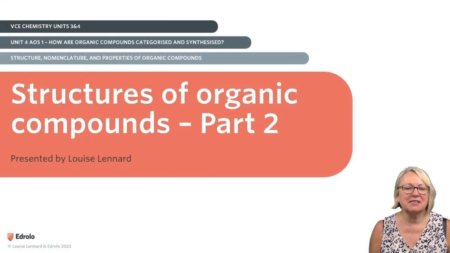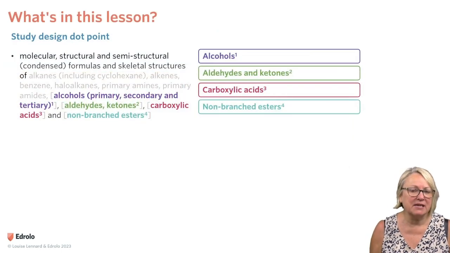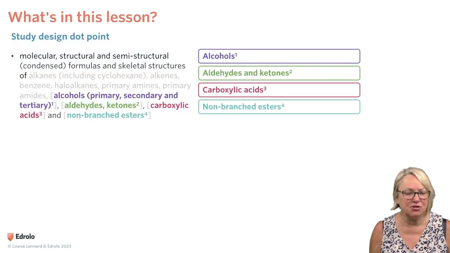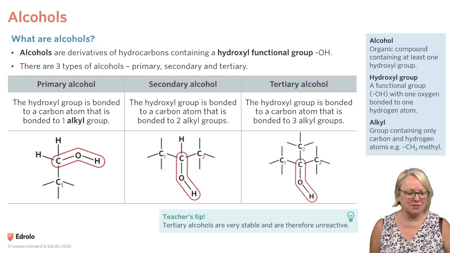So in this lesson, we're going to look at part 2 of the structure of organic compounds. We're going to look at primary, secondary, and tertiary alcohols, aldehydes and ketones, carboxylic acids, and non-branched esters. So alcohols.